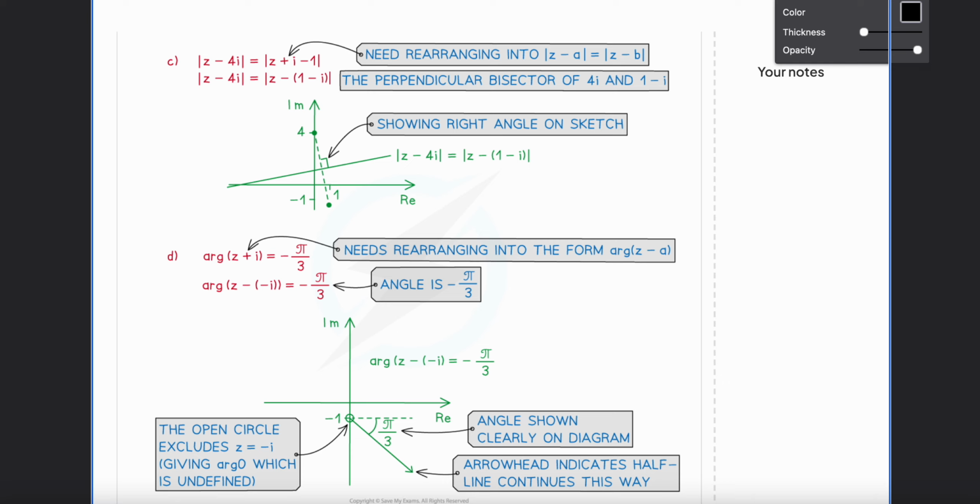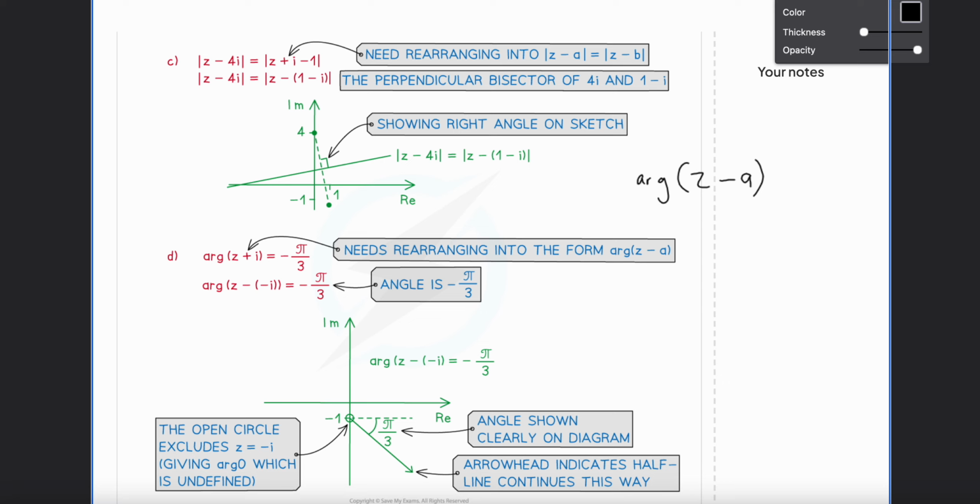And then lastly, we want the argument of z plus i is equals to minus pi over 3. So again, in our formula we were given argument of z minus a, right? But now we have z plus i. So when we have z plus i, we factor out the negative so that we now have z minus minus i.